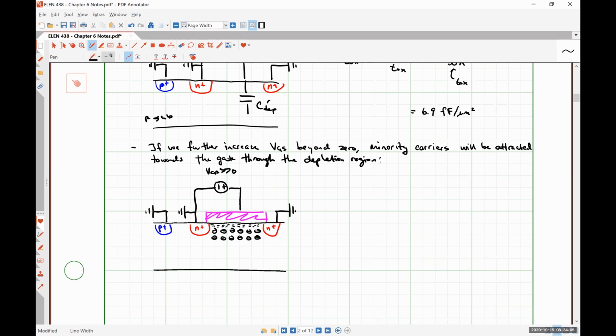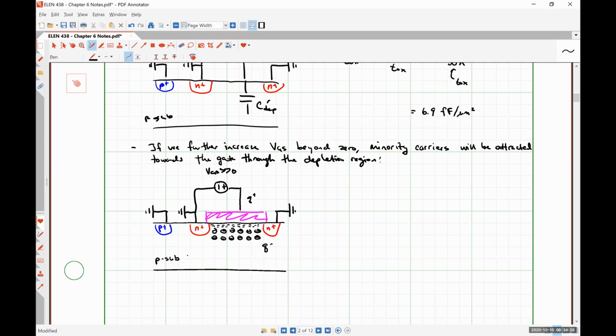And the total charge here, Q plus, is counteracted by the total negative charge on the bottom as before. So that's a combination of ions and free electrons pulled from our P substrate.